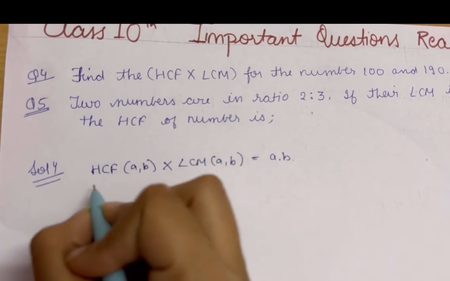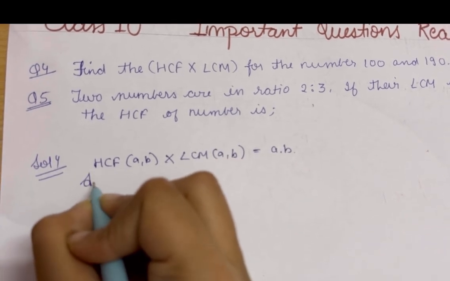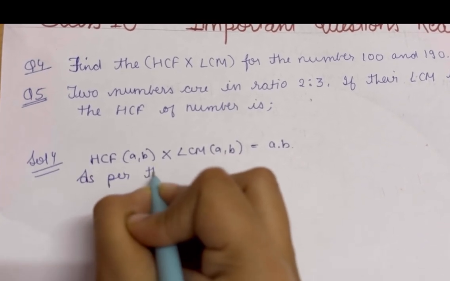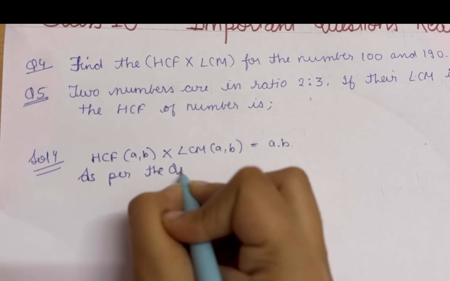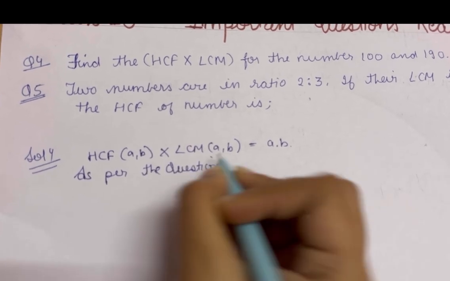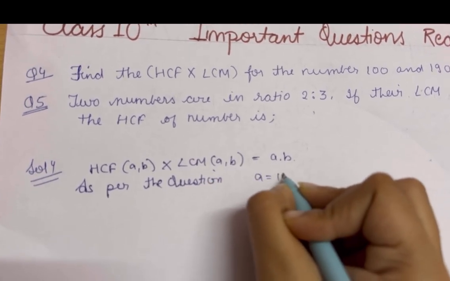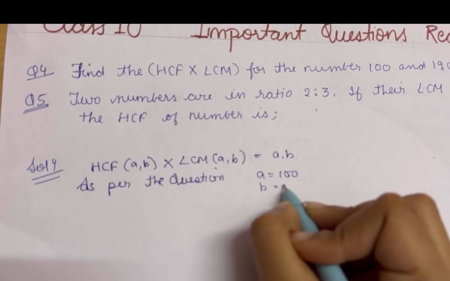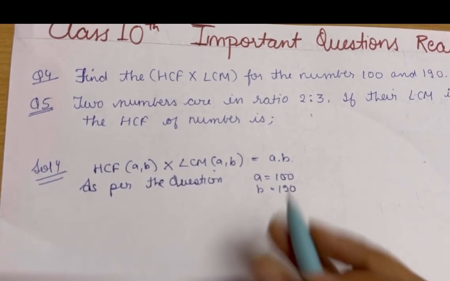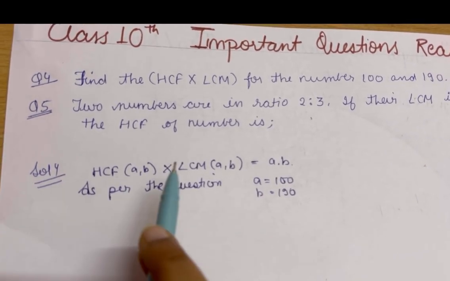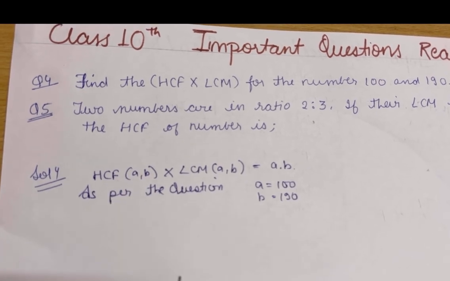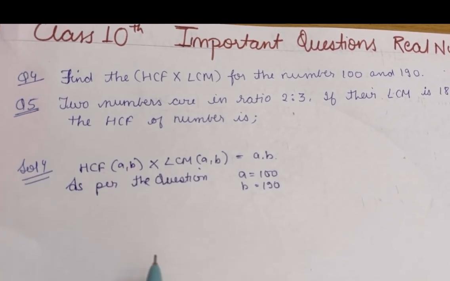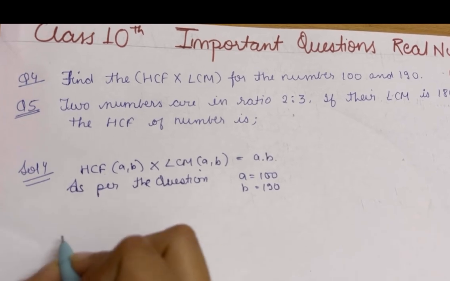As per the question, we are given the value of A as 100 and the value of B as 190, and we need to find the multiplication of HCF and LCM of A and B. So we can use this identity and find it.